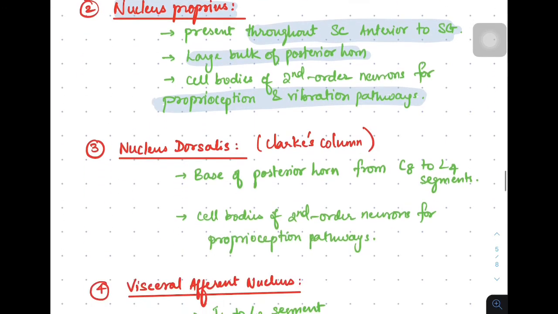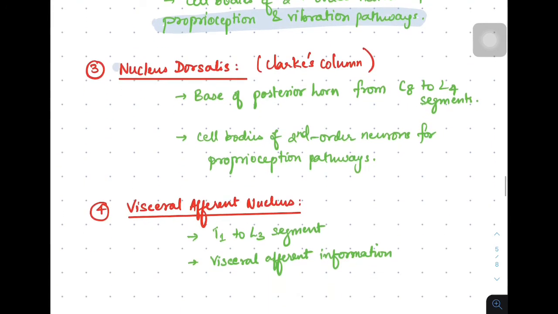Okay, now the next nucleus is nucleus dorsalis. It is also called Clark's column. It is found at the base of the posterior horn from C8 to L4 segments. So this is not found throughout the spinal cord. It is found only from C8 to L4 segments. Thus the cell bodies of second order neurons here are used for the proprioception pathways.